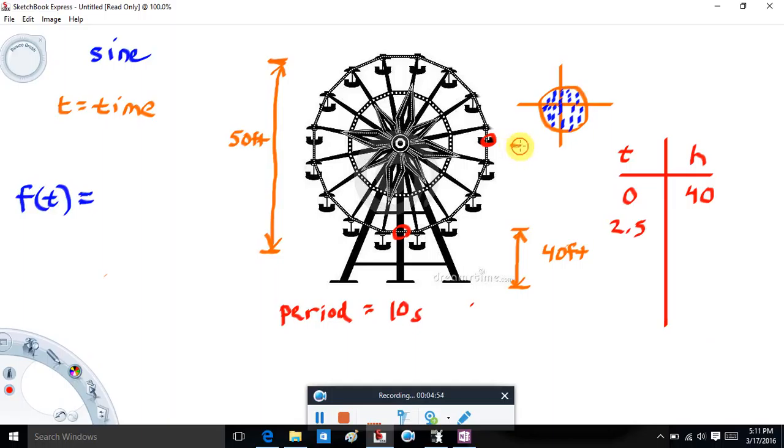This distance right here. So 40 plus 25 is 65. The height is in feet, and the time is in seconds.